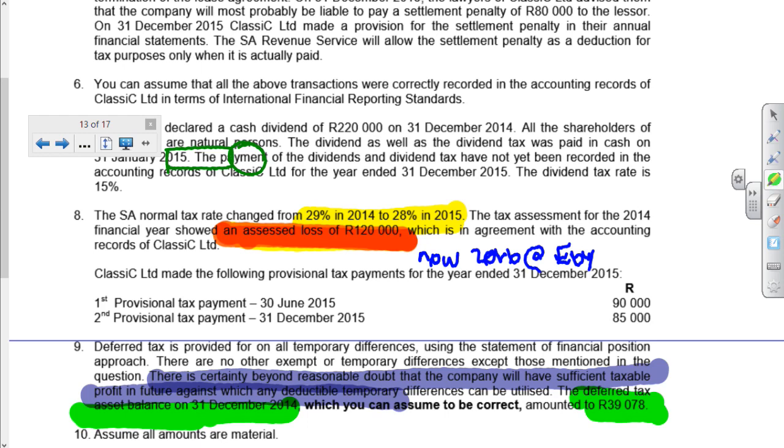Then we're not going to put in any assessed loss. Then to do the movement, we're going to move from an asset of 39078 to whatever you work out, but to get from the one to the other, we're going to first do a rate change. And our rate change goes the other way. It doesn't go the way that I showed you. My rate change was making my asset bigger. This rate change is going to make your asset smaller.